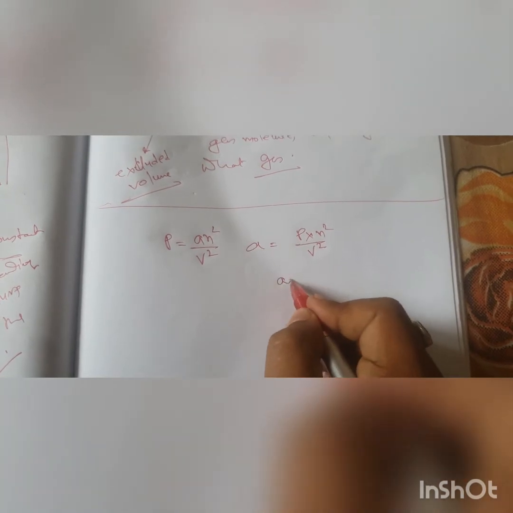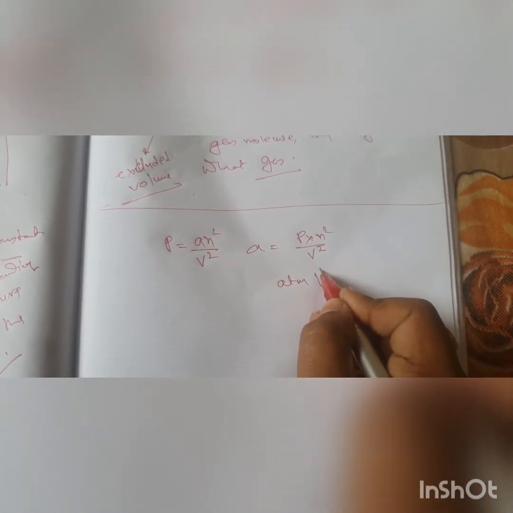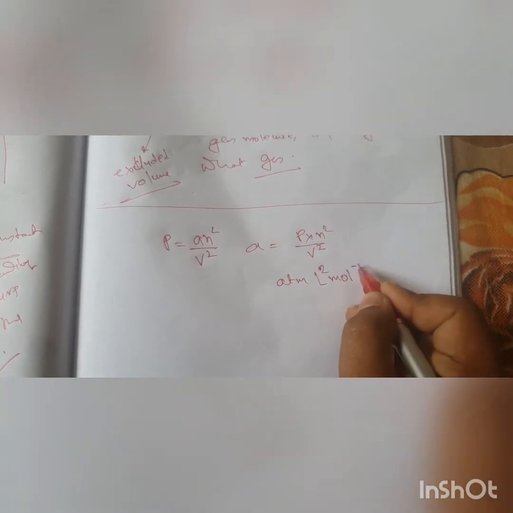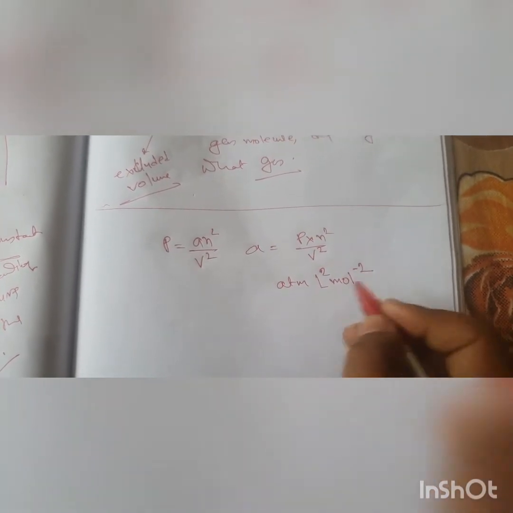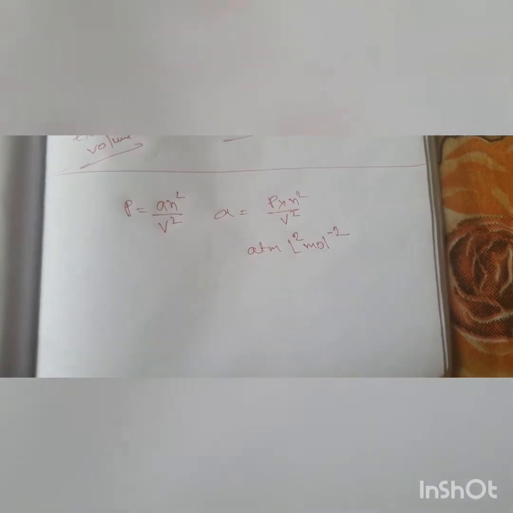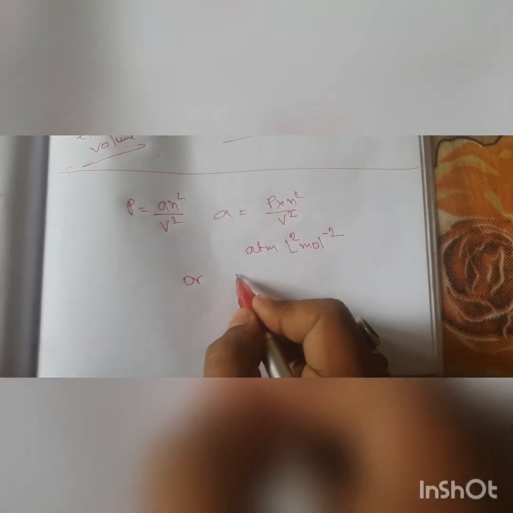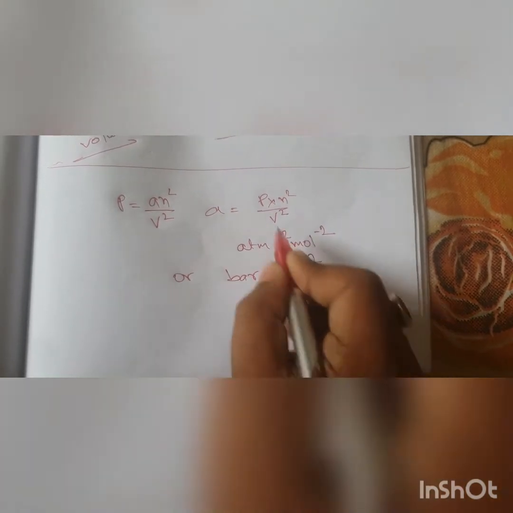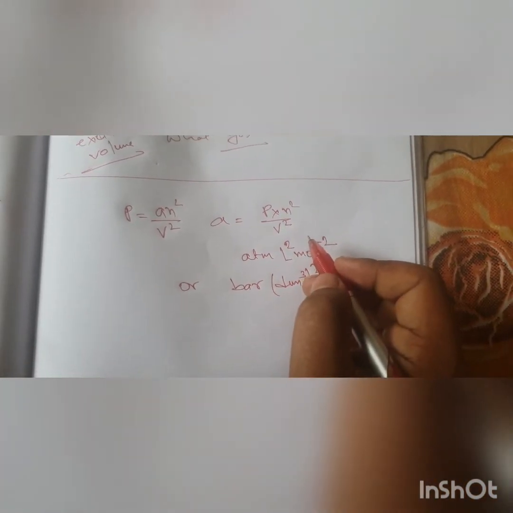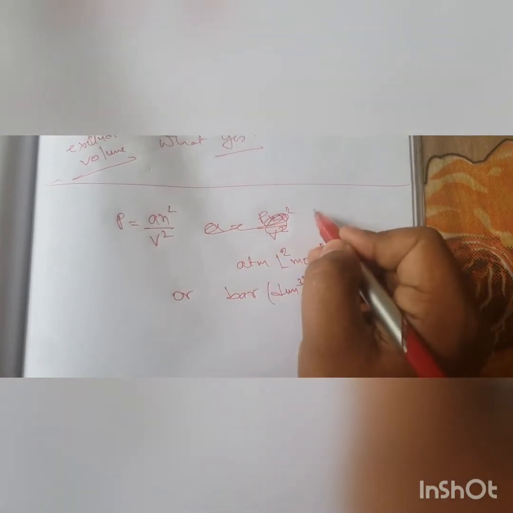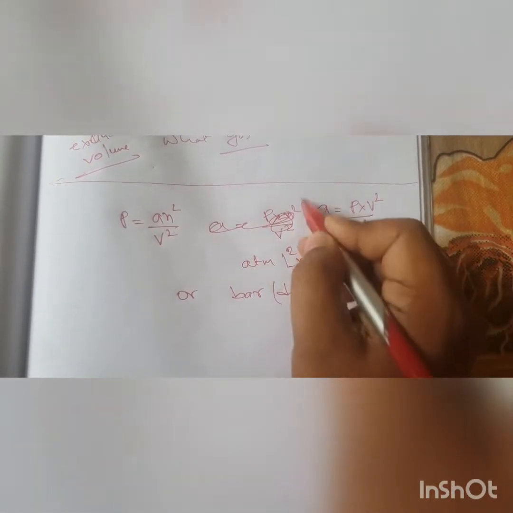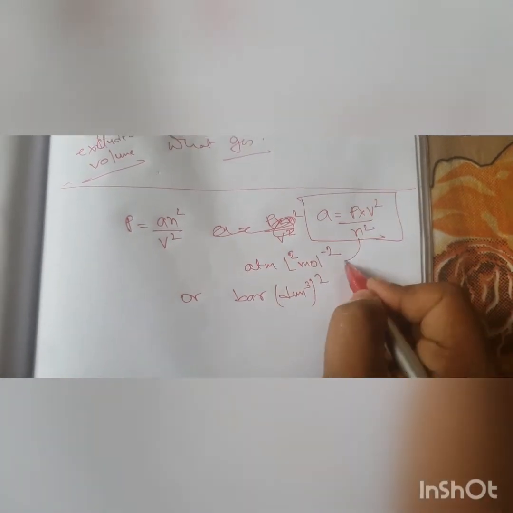So we get atm liter square mole inverse square, or bar decimeter cube square. I'm so sorry, I made a mistake speaking quickly.